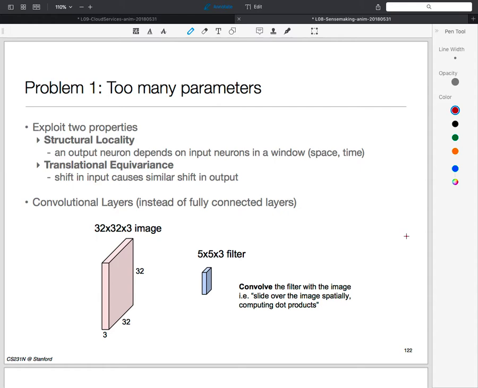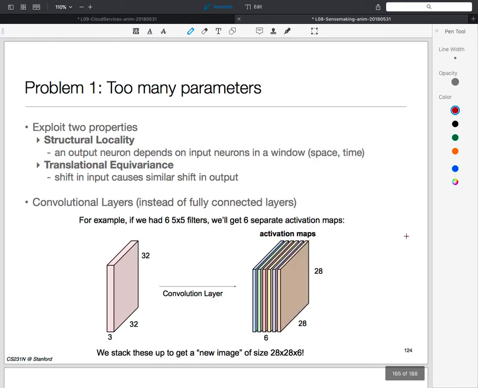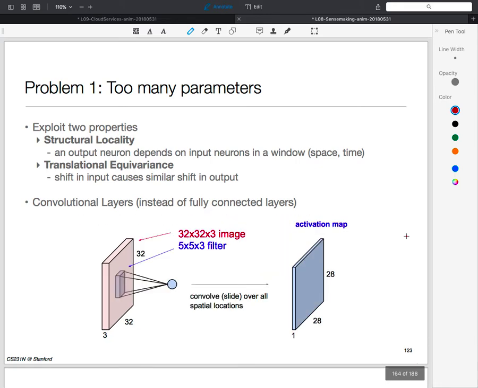It's a single pattern detector, like my peak detector. So I slide this around to different parts of the image, and at each location it feeds to one of the outputs. So essentially from an input image, I get an output image.